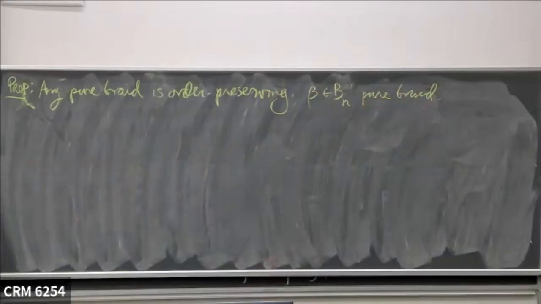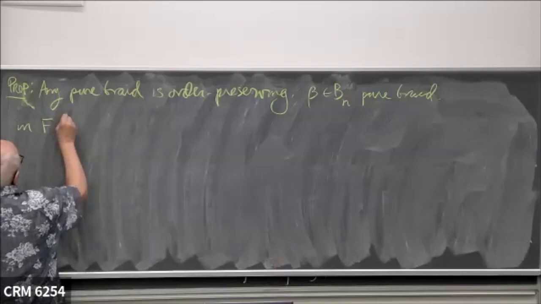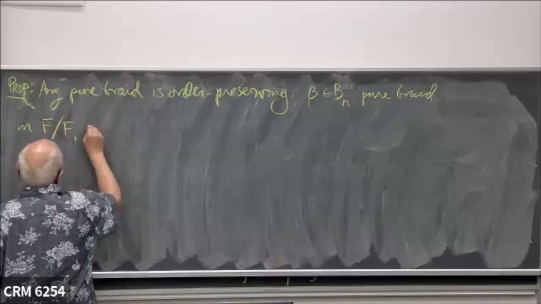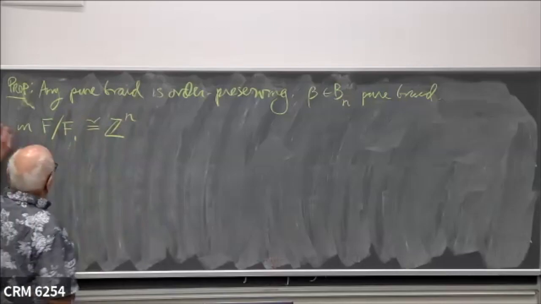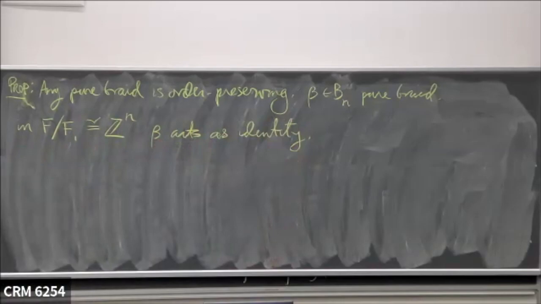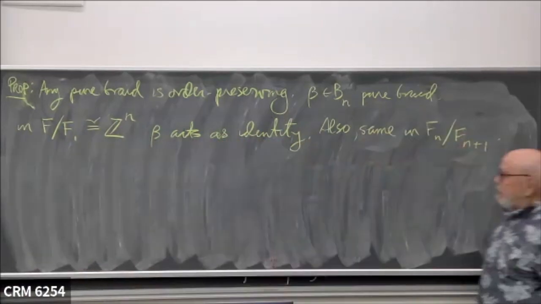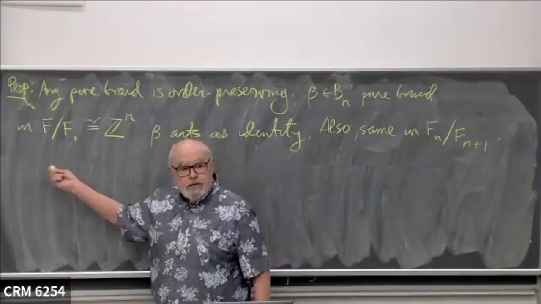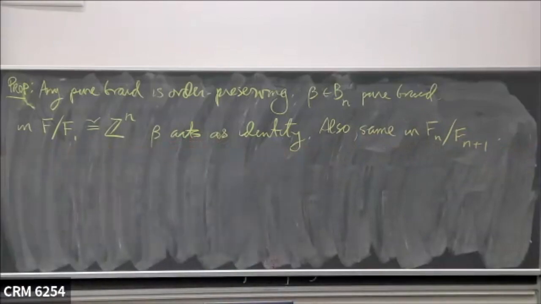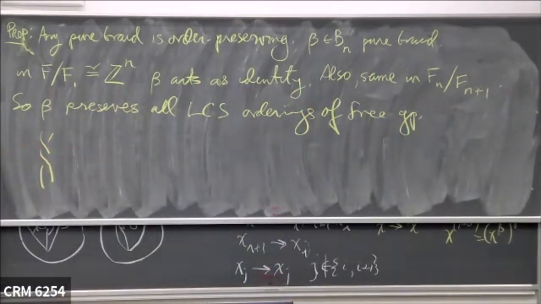So it acts as the identity on F1, and then it also acts as the identity on all these lower central quotients. So any LCS ordering will be preserved by beta.